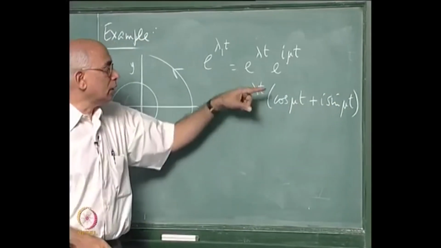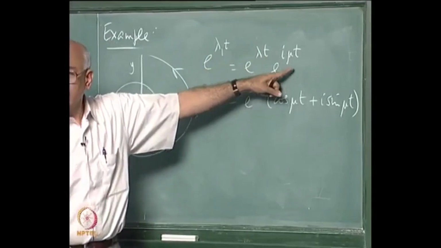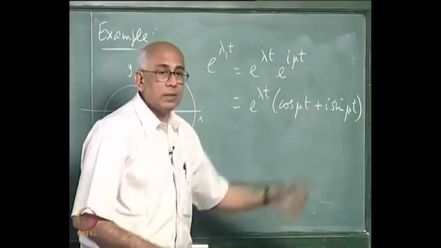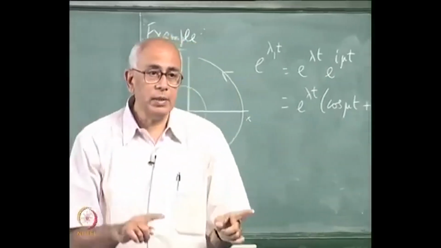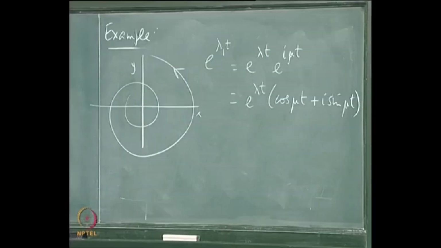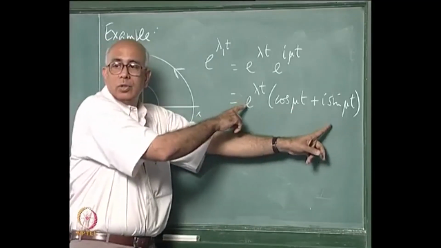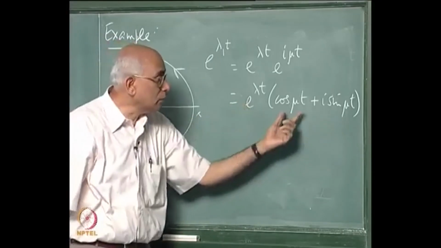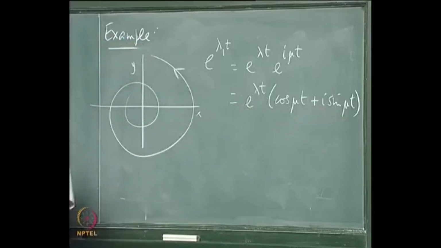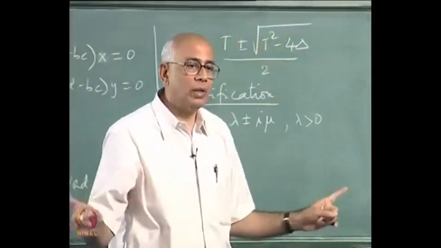And of course superpositions of e to the lambda 1 t and e to the lambda 2 t would involve these cosines and sines, and the coefficients would be adjusted so that the linear combination is real because we are looking at real variables. But the fact is, although this increases as a function of time monotonically, these functions would change sign, they would oscillate between positive and negative values, and all the while the amplitude would increase.